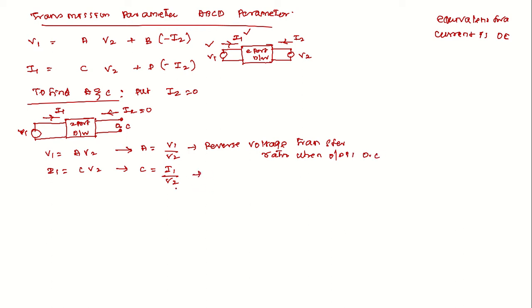I1 by V2 is current by voltage, which is called admittance, so C is the reverse transfer admittance.